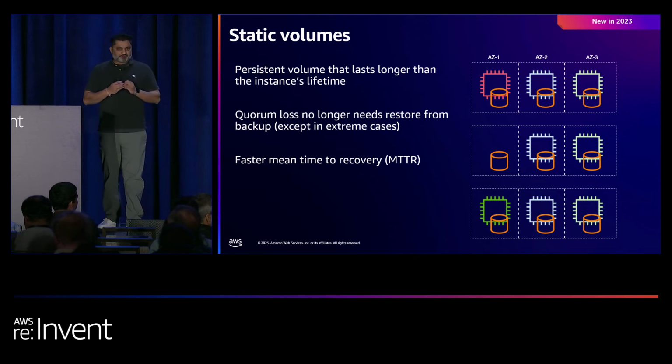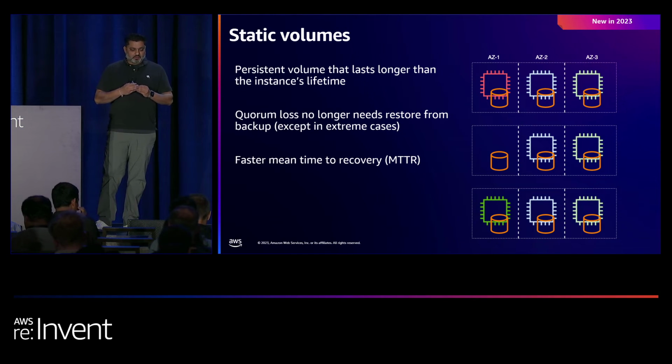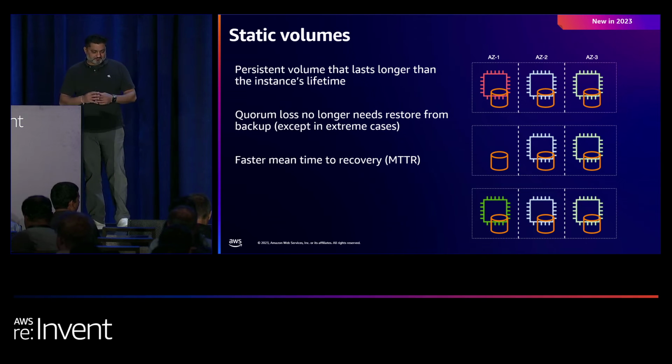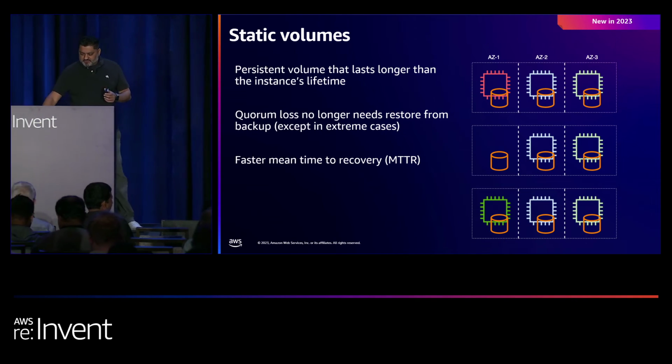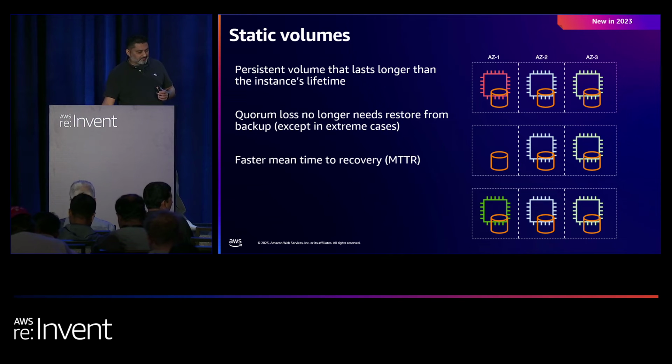In the event that we lose 2 out of 3 instances, or we lose quorum, we don't have to restore from a backup. We are able to effectively take the same volume and join the cluster and catch up. So this architecture also helps with the time to recovery.